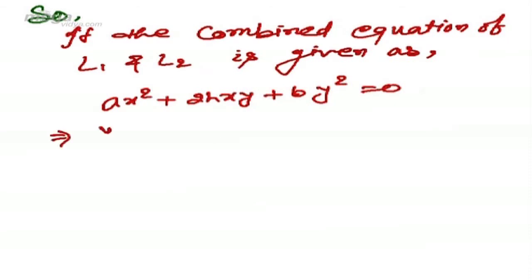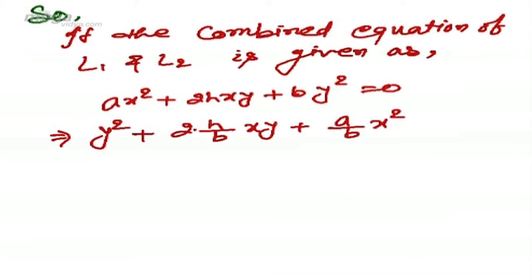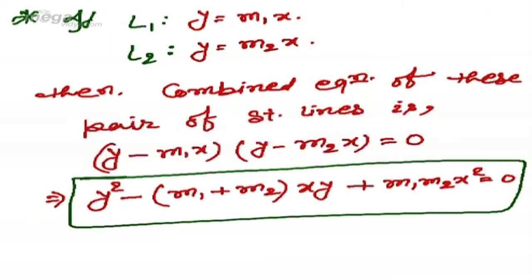If you divide by b, we will get y square plus 2h by b xy plus a by b x square is equal to 0. And now we will compare this equation with this one, because both equations represent the same pair of straight lines with the same coefficient of y square as 1.